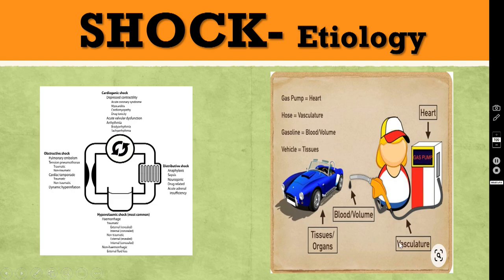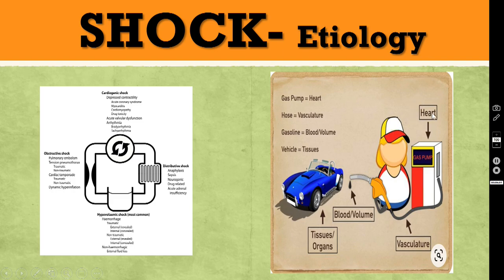When coming to shock, you have to remember one analogy. Imagine a gas station where you have the gas pump, the hose, the gasoline that is coming, and the vehicles which are filling the gasoline.